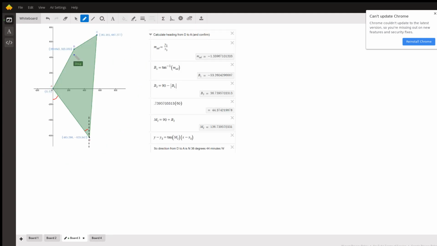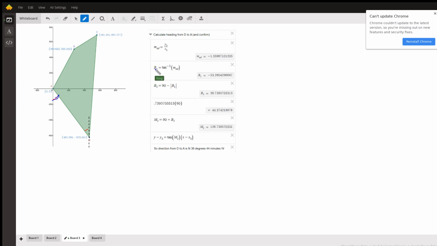And here they are. And to get the distance from D to A, we're actually finding the magnitude of vector DA, or you could just use the distance formula, which I showed on the next board. But to get the direction, we have to find this angle.